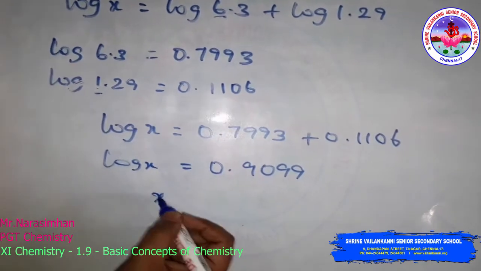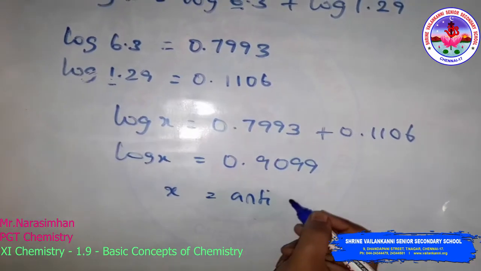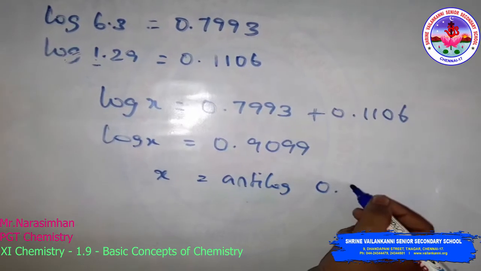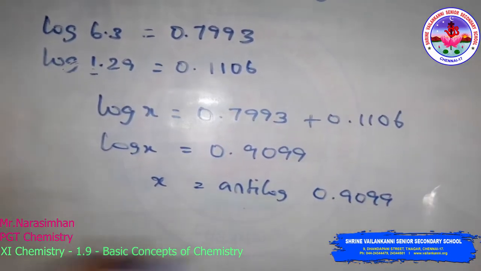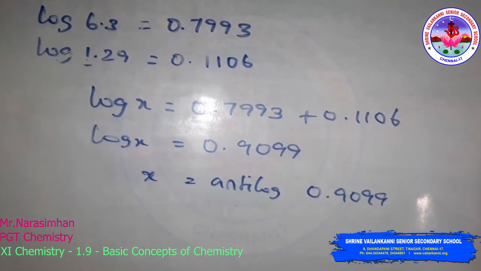Then we have to find x. So x means taking the anti-log of that value, 0.9099.